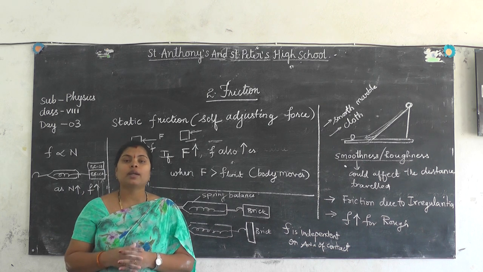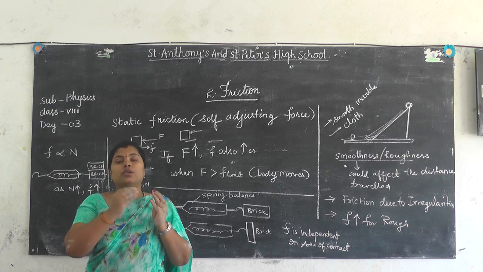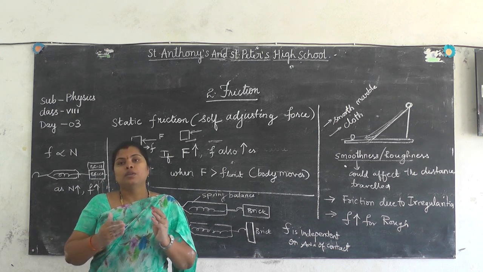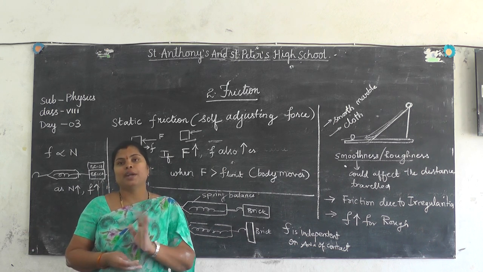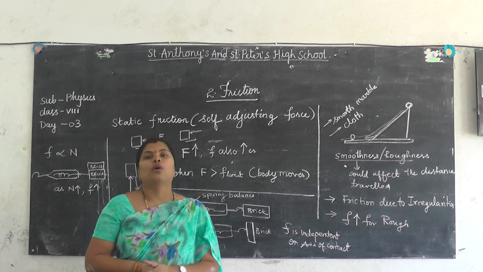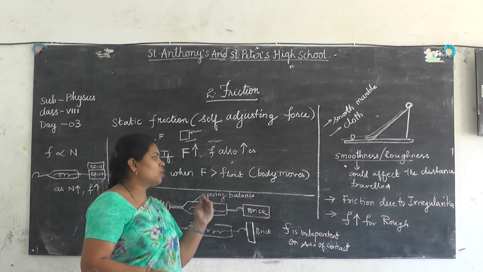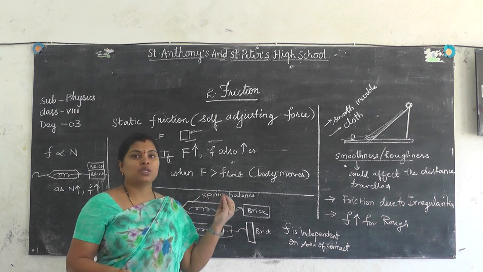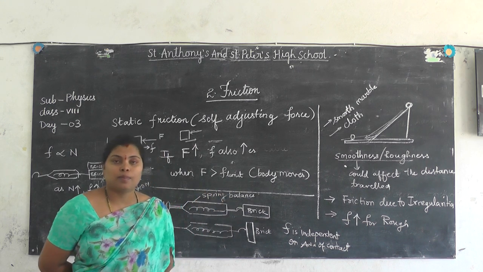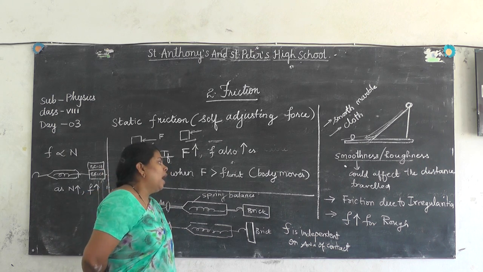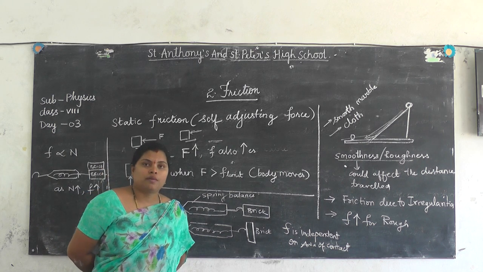As they get blocked, it doesn't allow the ball to move forward for a longer distance, and it also reduces the speed of the ball. So that's the reason friction is offered: because of the irregularities and ups and downs of the surfaces, and it will be more on rough surfaces.